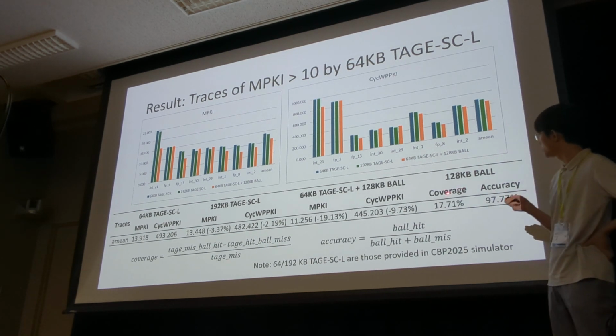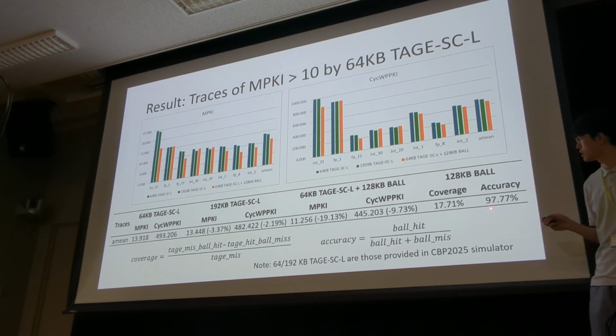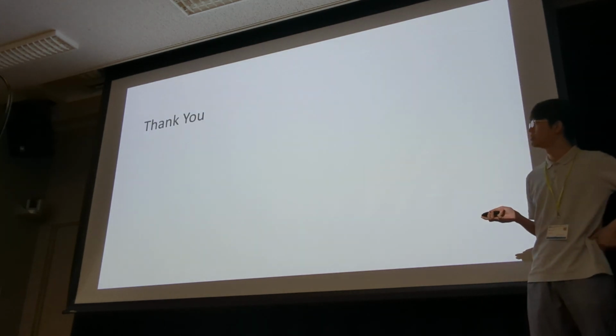And the branch predictor can achieve about 17% coverage on the mispredictions by the 64 kilobyte TAGE-SC-L, and the accuracy is about 97%. So that is all of my presentation.